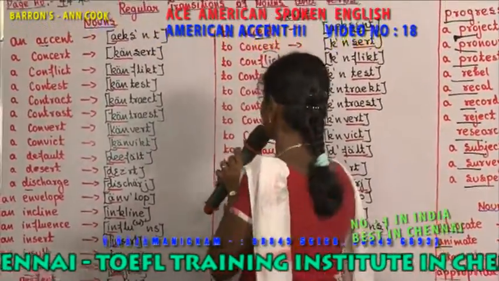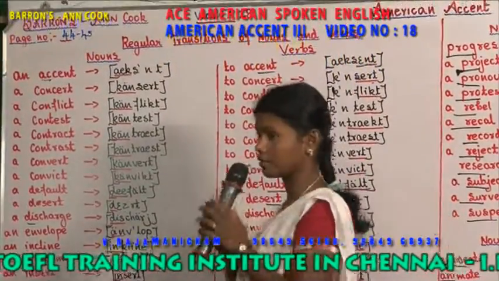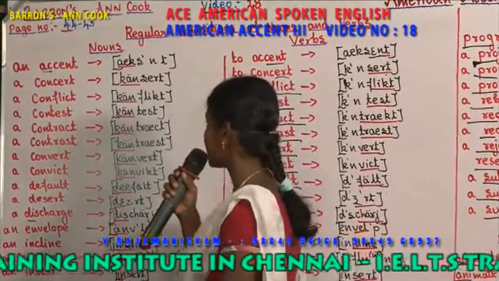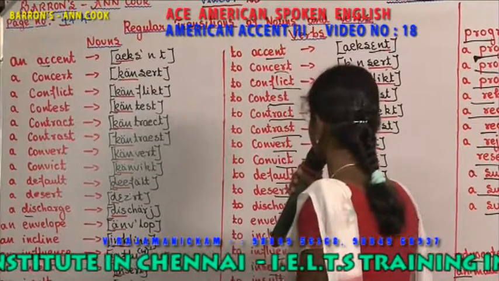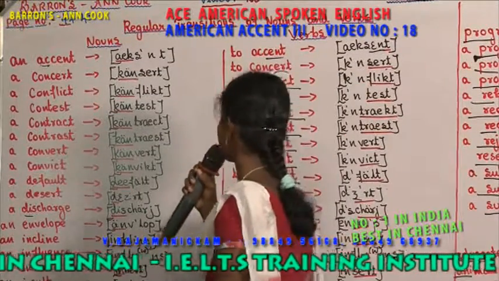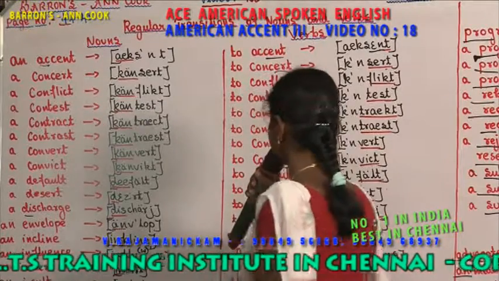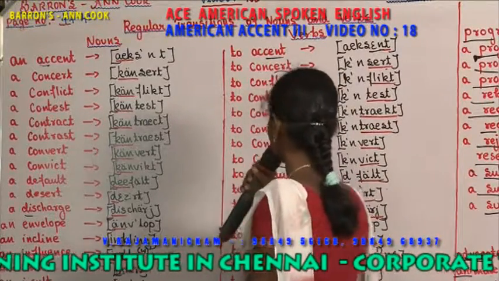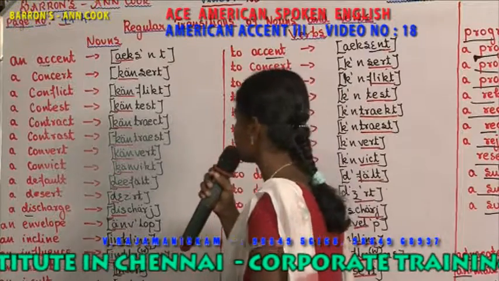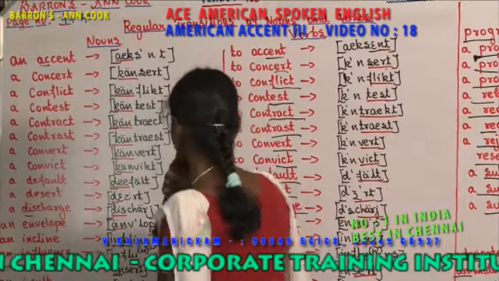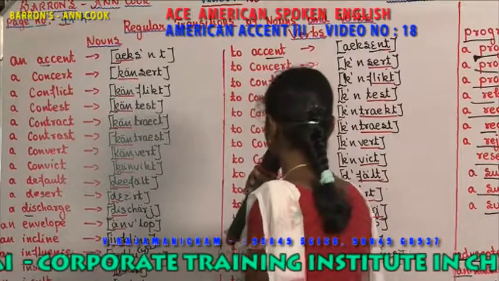An accent to assent. Look at the camera and speak. A concert to concert. A conflict to conflict. A contest to contest. A contract to contract. A contrast to contrast.